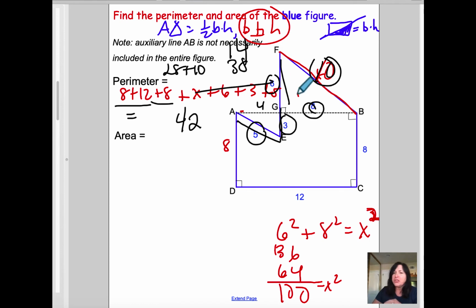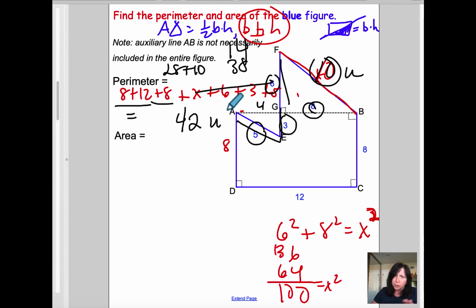You've got to be able to choose the units, meaning feet, inches, meters, kilometers, whatever. If you don't see any units described, you can just say U for units, because I'm finding the perimeter, I'm just adding a unit plus a unit plus a unit.